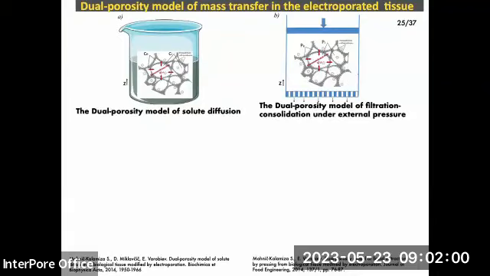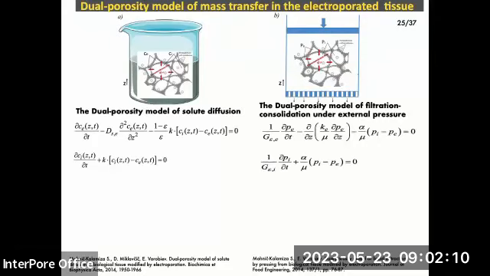So there is a different concentration inside and outside of the cells for the diffusion, and different pressure inside and outside of the cells. So it is possible to apply a model which resembles the models of flow in fractured rocks, like classical models for rocks.